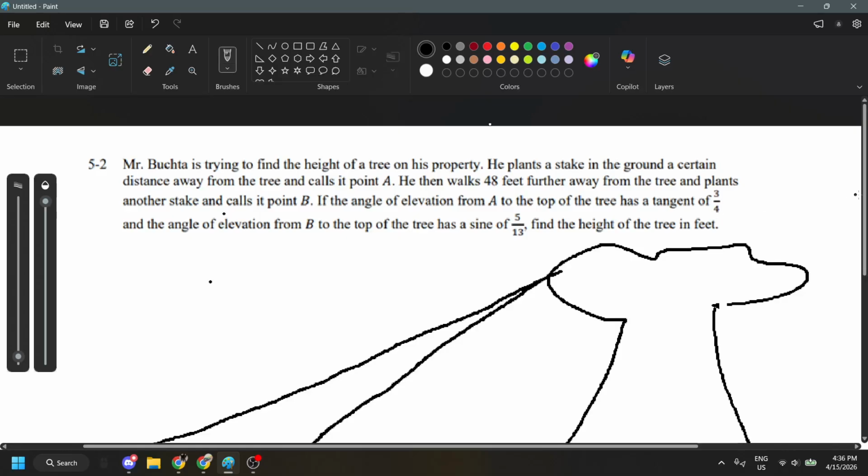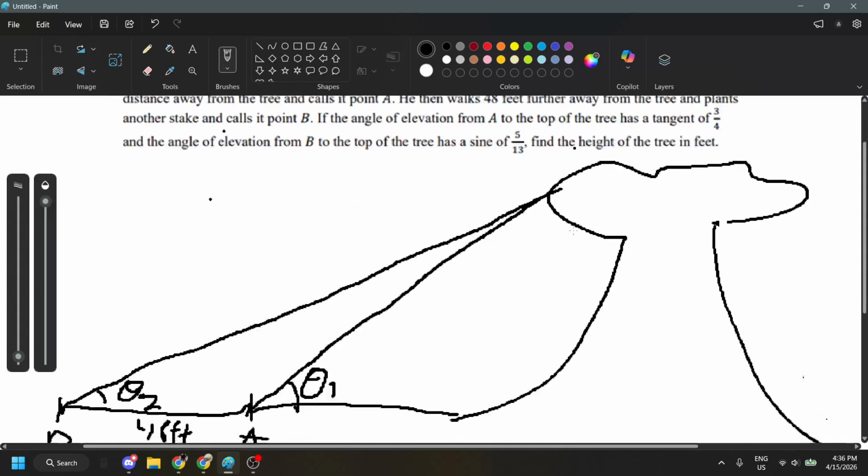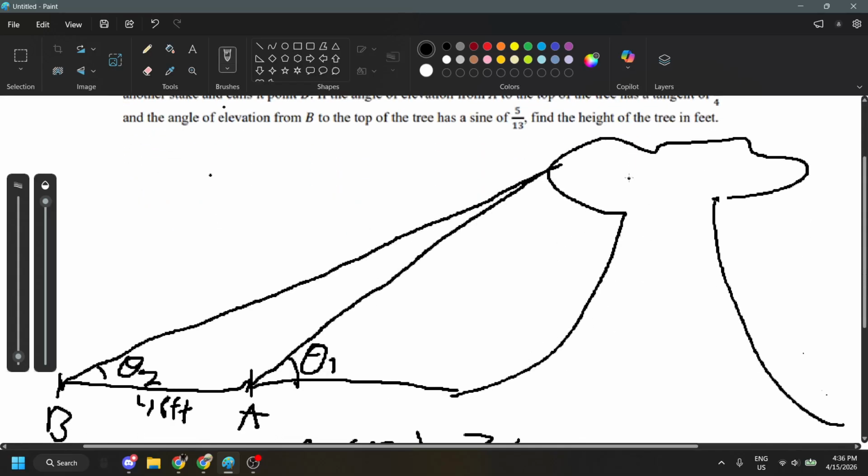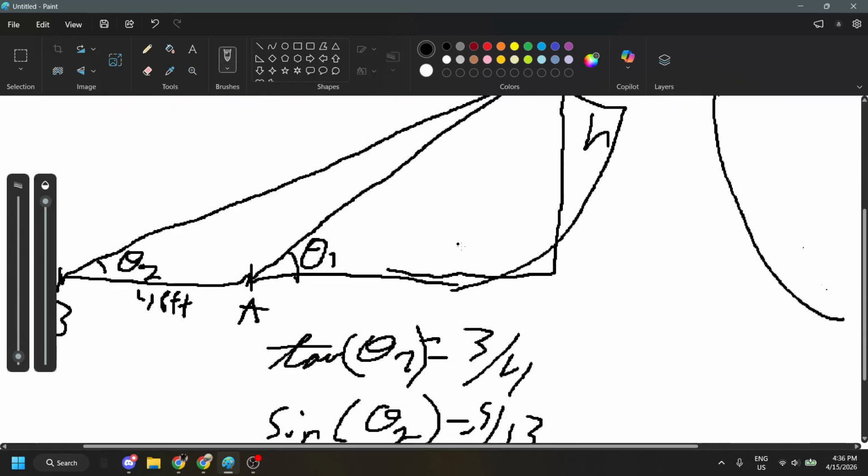Cool. So if this is the height of the tree, we're just going to say the height of the tree is here. This is h, which is what we're trying to find.